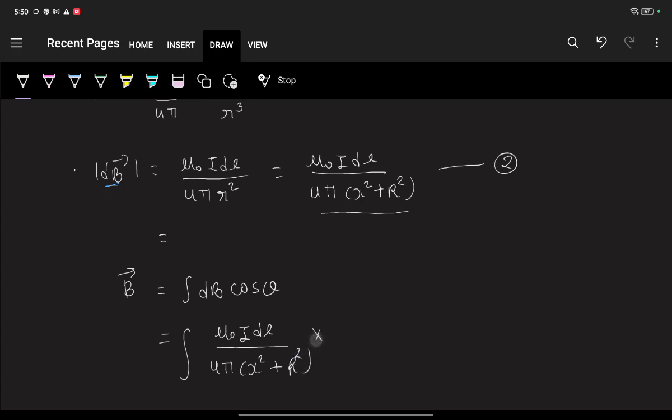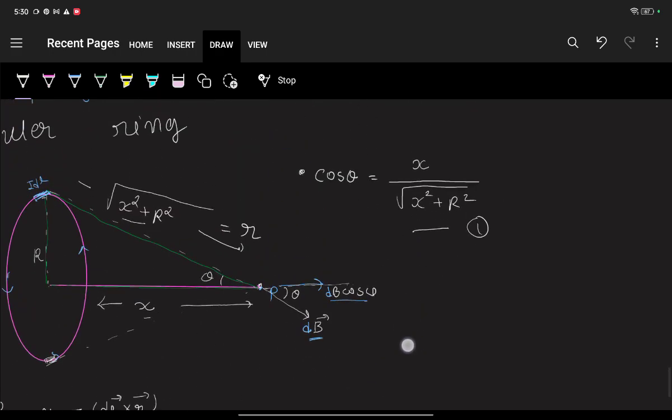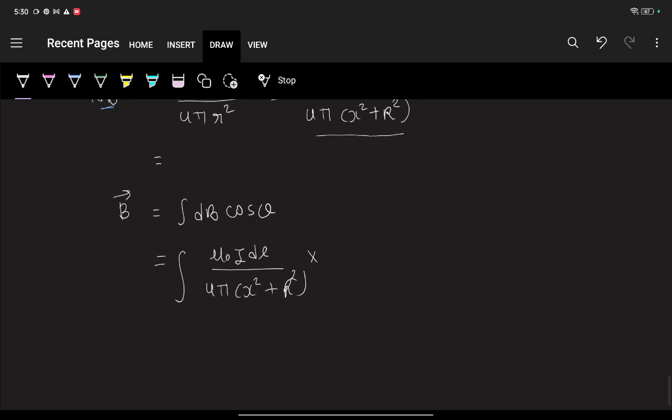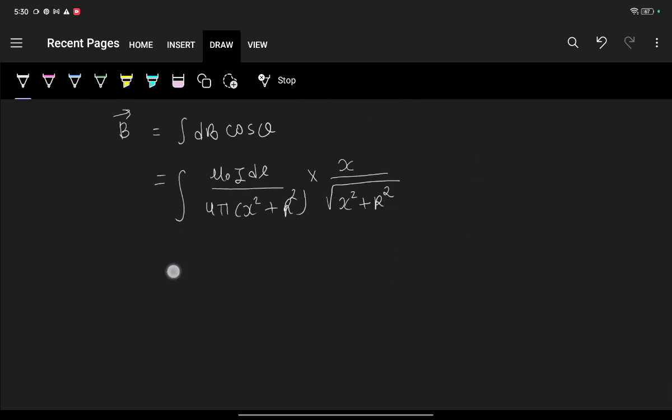And what was the cos theta that we found? x upon under root x square plus r square. So it will become the integration of mu naught I dl into x upon 4 pi into x square plus r square to the power 3 by 2.